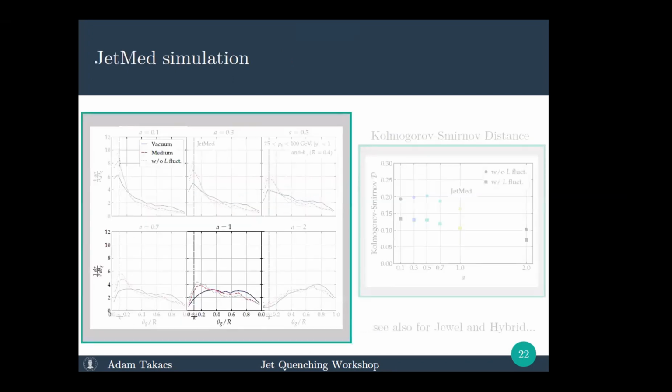What I'm showing here are the results with JetMed, which uses a very similar picture to the one I presented in this toy model. The blue line is the vacuum, and the red and the gray lines are the medium. Around this theta C, or around the end of the resolved phase space, there is a big jump in the emissions, as I said, because of this bias effect. Small angles are less quenched than wide angles.